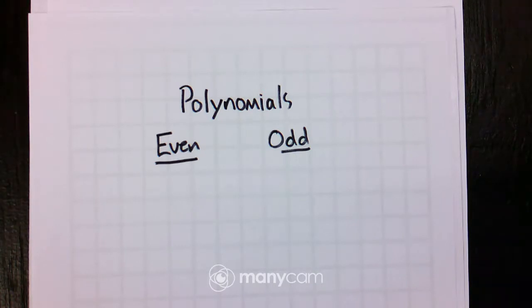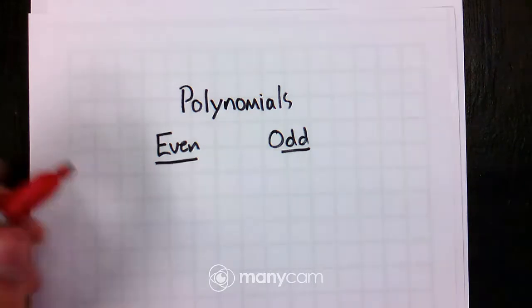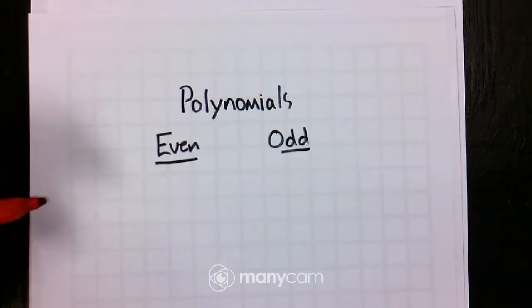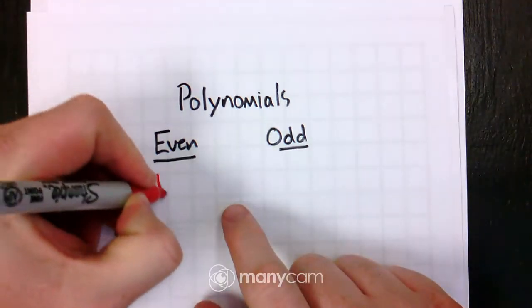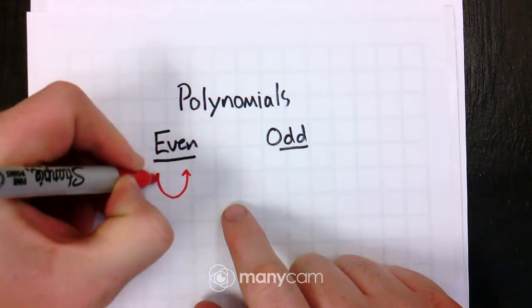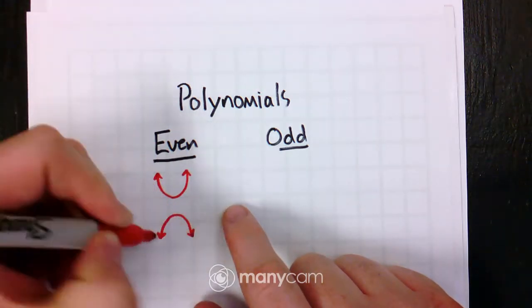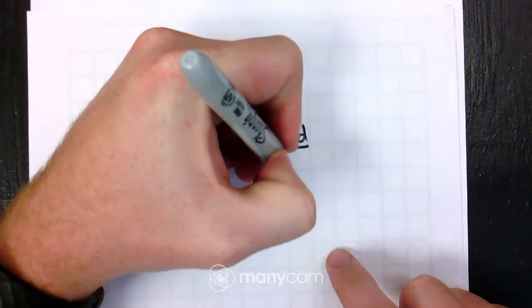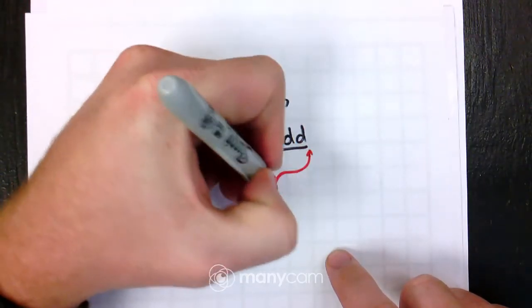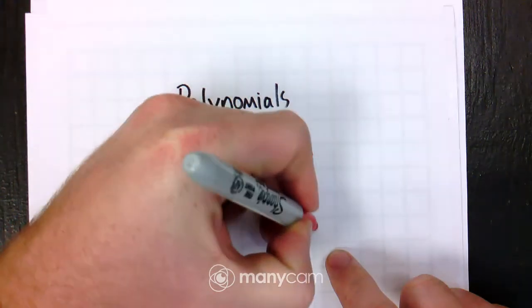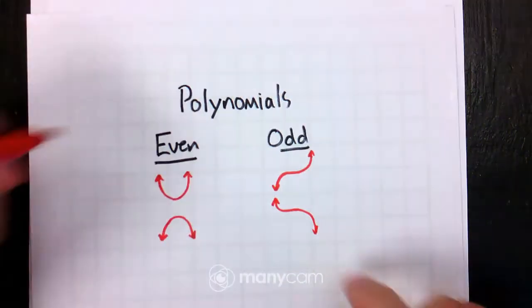Let's talk about the difference between an even polynomial and an odd one. A polynomial could either be even or odd. Instead of writing a definition, I'm going to draw you a picture. If it's even, it's going to look like this, or like this. And if it's odd, it's going to look like this, or like this.